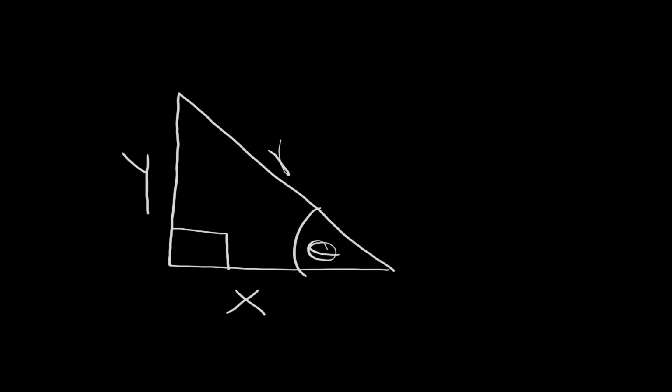Now, we know from the diagram that sine theta is equal to opposite over hypotenuse. So that is y divided by what? R. So we have y over r.